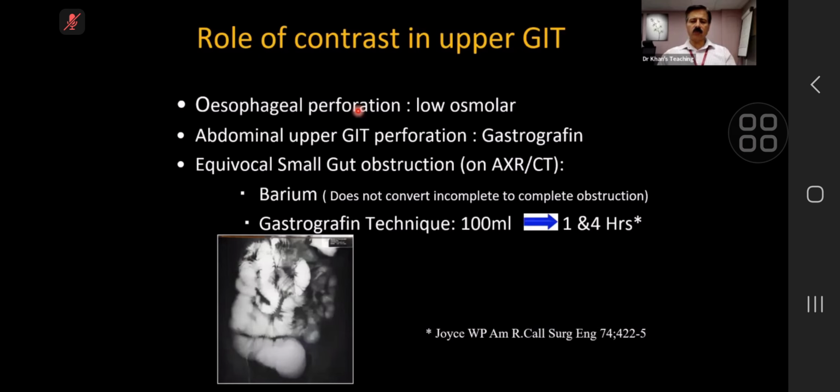If there is aspiration, you don't want it to go into the lungs, where it can remain and cause fibrosis, though it is not as dangerous as gastrografin. Point to remember: if gastrografin goes into the mediastinum in an esophageal rupture, no issues. But if it goes into the lung, that is a problem, because you will produce pulmonary edema. So the best thing is to use low osmolar contrast agent.